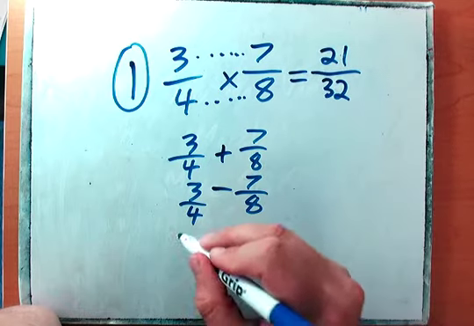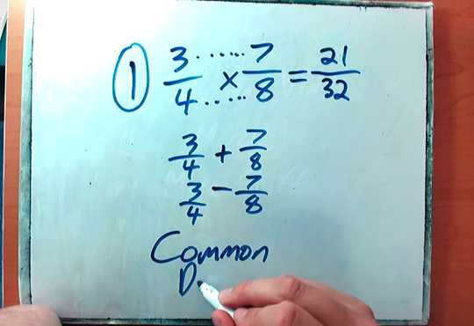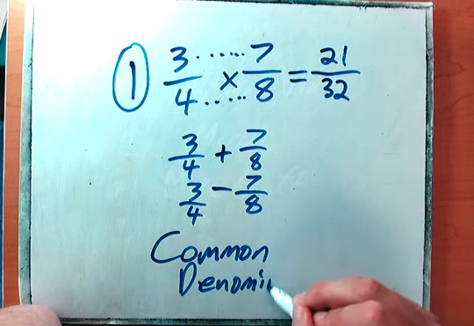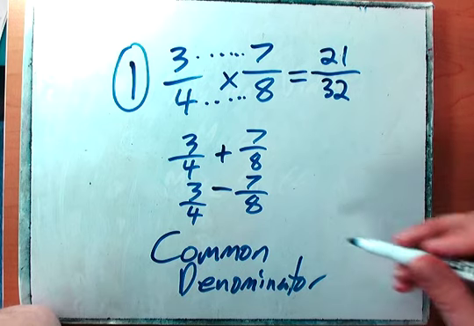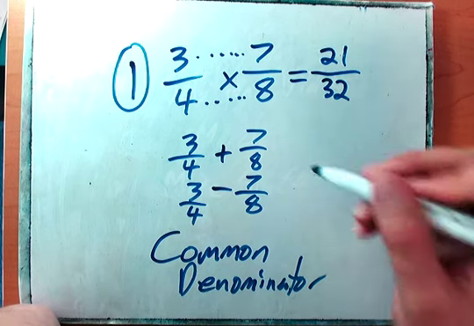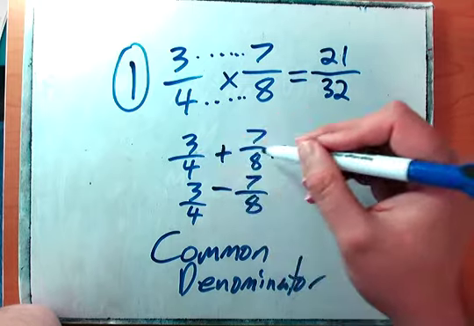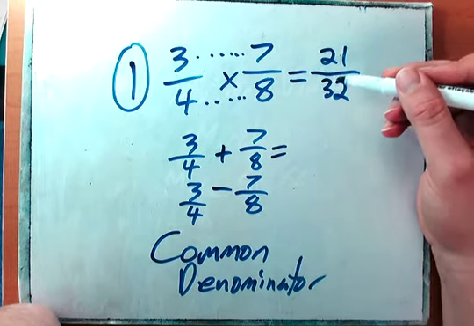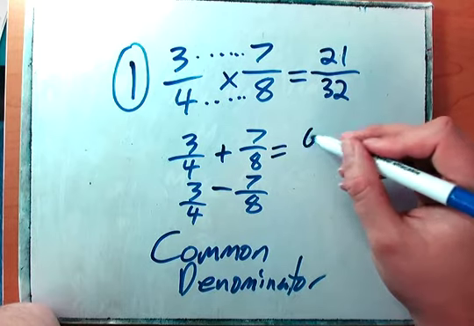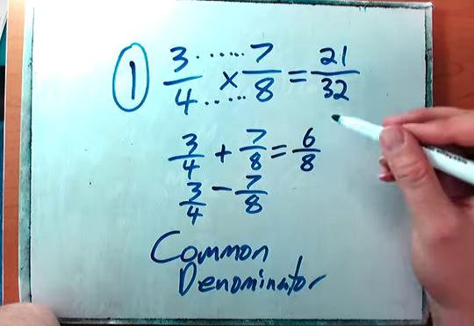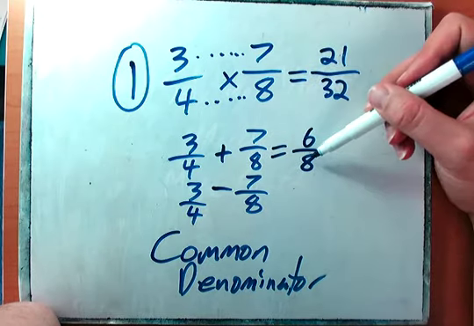Here we need what's called a common denominator. Basically, the bottoms need to be the same. So when I'm doing this, I have to convert fractions into new fractions that are equivalent. 3/4, well, that's the same as 6/8. And if you can't see that, you're multiplying the top by 2 and you're multiplying the bottom by 2.